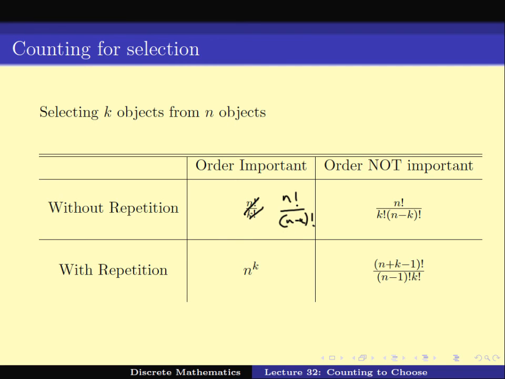Without repetition and order not mattering, it is n factorial by k factorial times n minus k factorial. And the last one, which we just did now, is n plus k minus 1 factorial by n minus 1 factorial times k factorial.